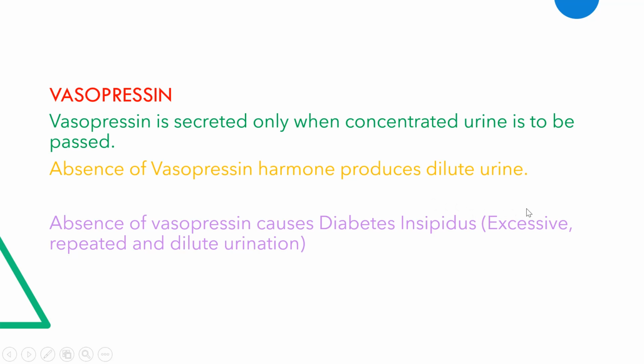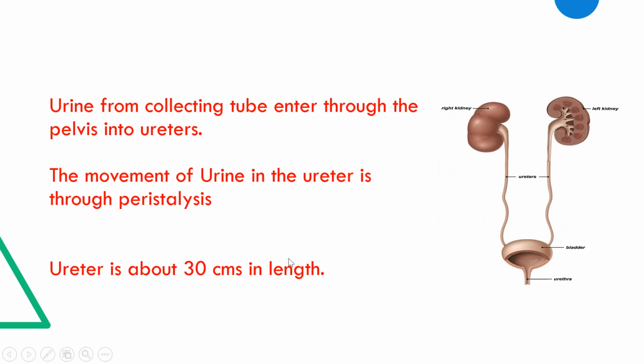The absence of the hormone vasopressin causes a disease called diabetes insipidus. What are the symptoms of diabetes insipidus? Excessive, repeated and dilute urination.